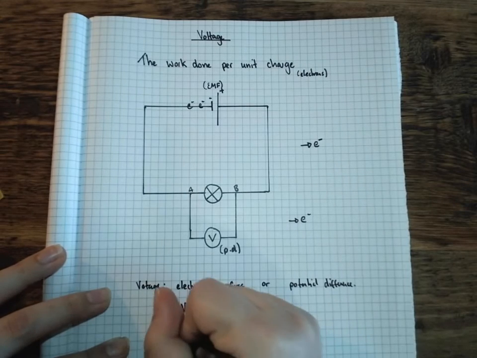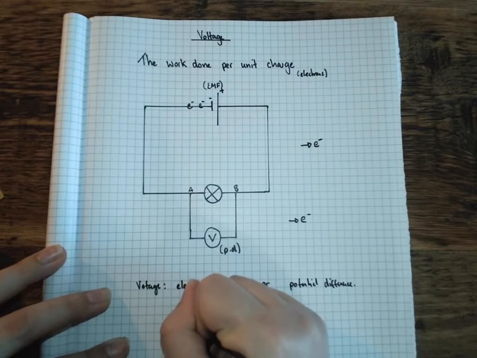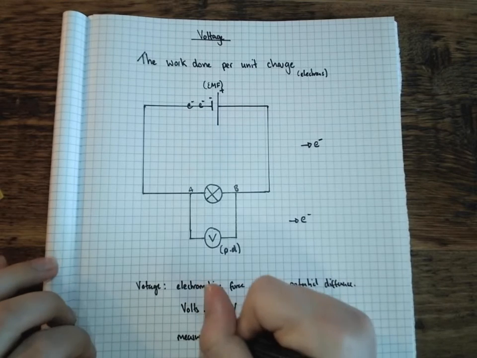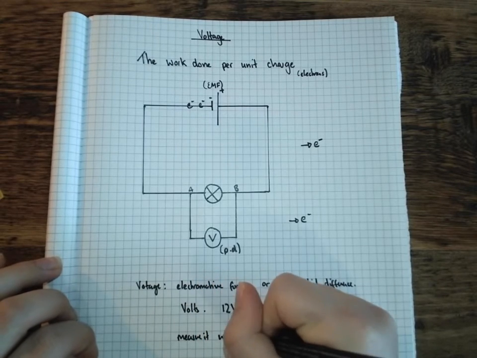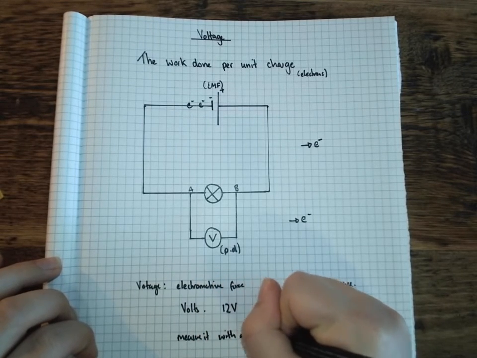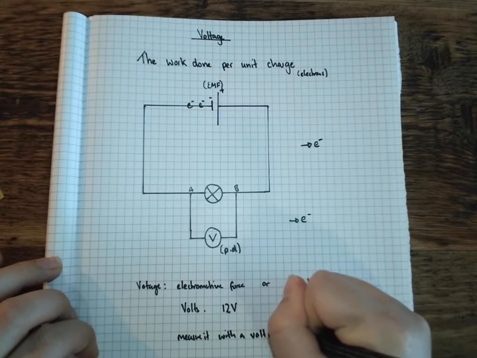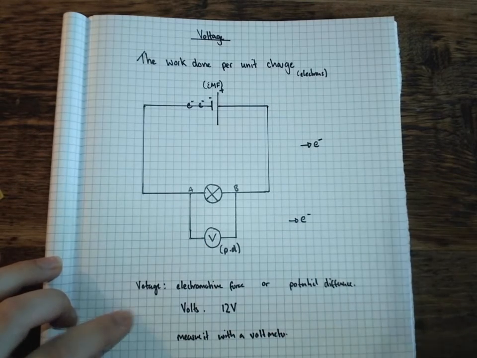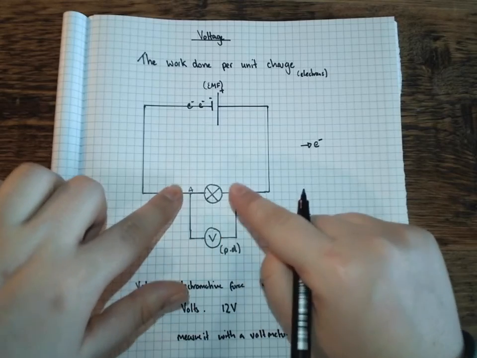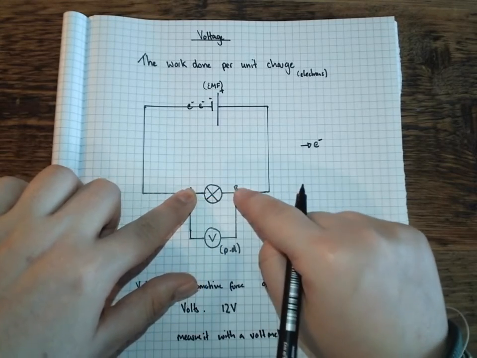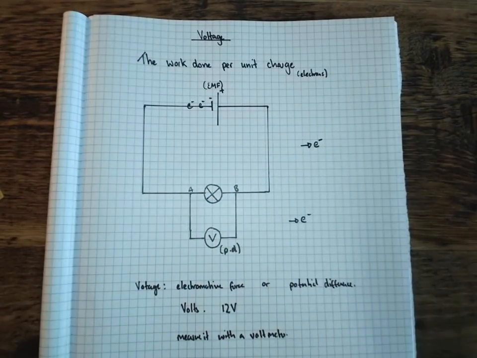And we measure it with a voltmeter. Now it's really important as well, that voltmeter, if you notice here, because I'm having to measure it across something, I need to connect it in parallel.